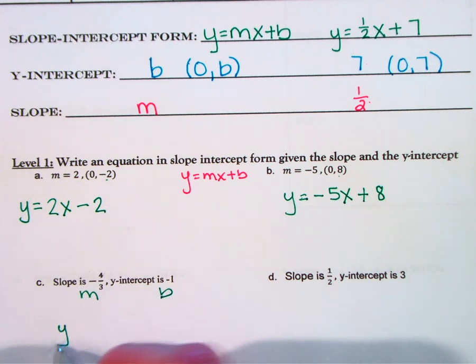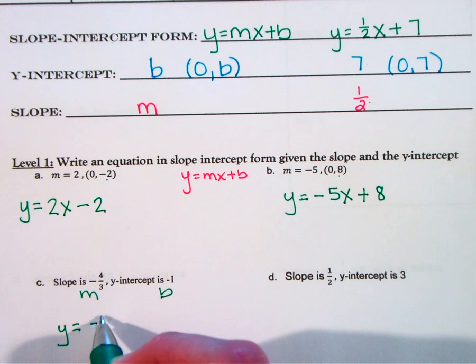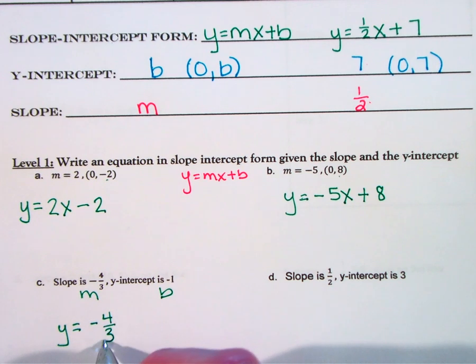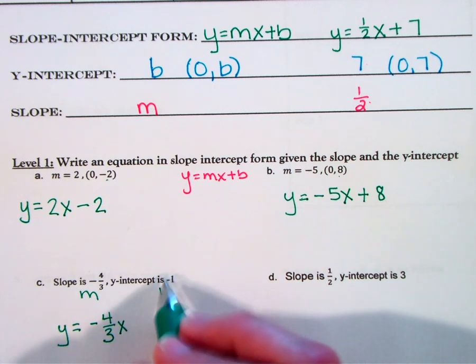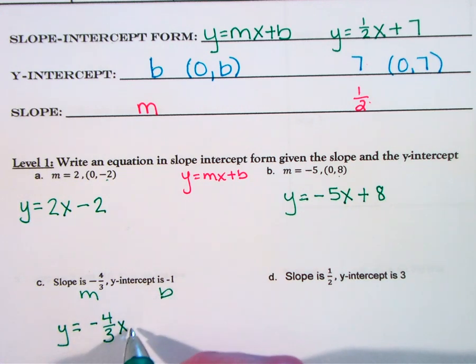So y equals, put your m in there, negative 4/3 x, and then put in your b. Since b is negative 1, instead of doing plus negative 1, I can just write minus 1.